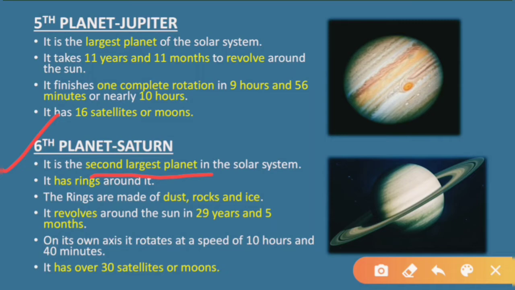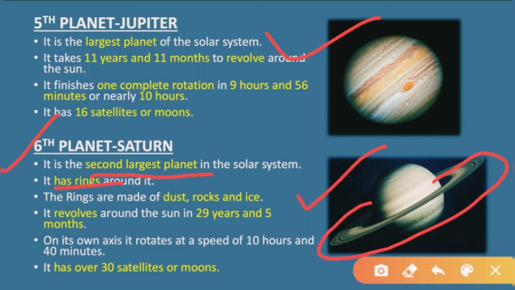The first largest planet is Jupiter, you can see in this picture, and the second largest planet is Saturn. Now it has rings around it, as you can see in this picture, like a ring around Saturn.